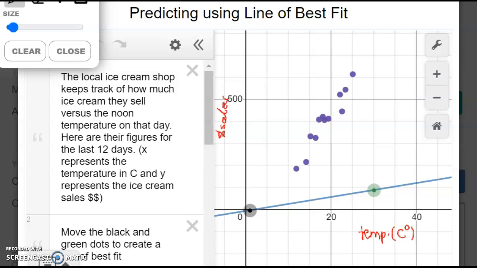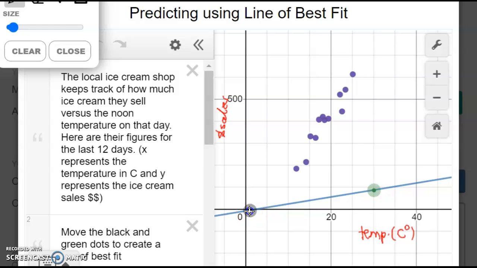Okay, so dollars made from sales. So that means that as the temperature gets higher, as it gets hotter, it looks like they were able to make more money. So those dots made from many different days give us good information about the trend line as well as what we can expect.